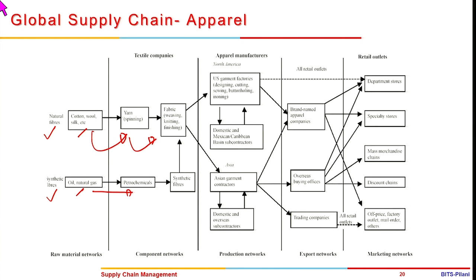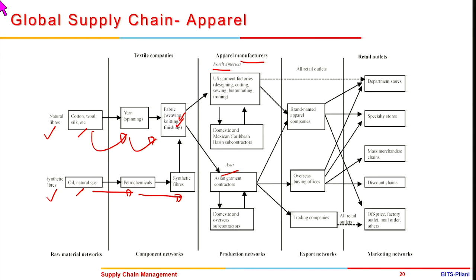It goes to the petrochemicals. From there, synthetic fibers are created, and from this, cloth is made, either through weaving or knitting. This fabric goes to the apparel manufacturers, which will convert the cloth or the fabric into garments. These garments may be produced in different countries, like in North America and Asia.